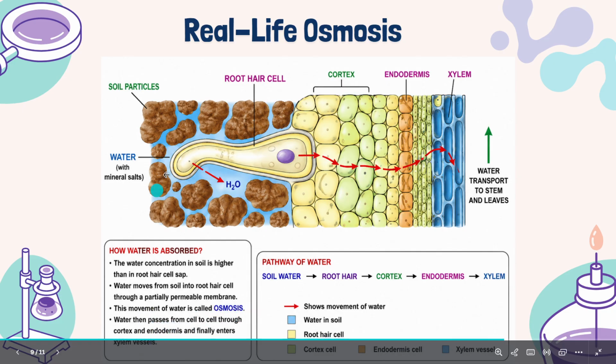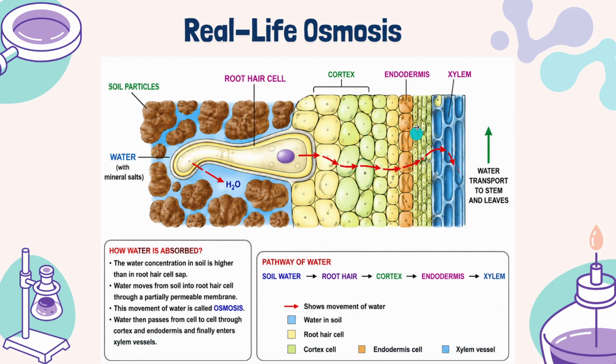Water passes from cell to cell, then through the cortex, and finally enters the water stream. So how does the root hair absorb? Outside, there is water with low solute concentration. Inside, there is higher solute concentration because it is absorbing minerals also.